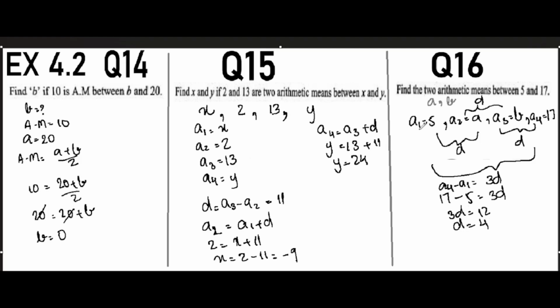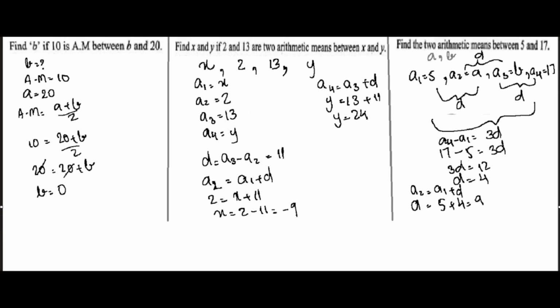Now we have d and we have a1. Let's find a2. a2 is equal to a1 plus d. a2, which is a, is equal to a1, which is 5, plus d, which is 4. So it is equal to 9. Now a3 is equal to a2 plus d.